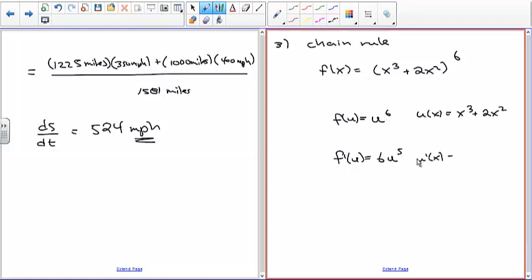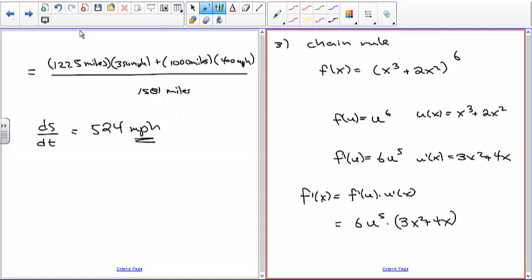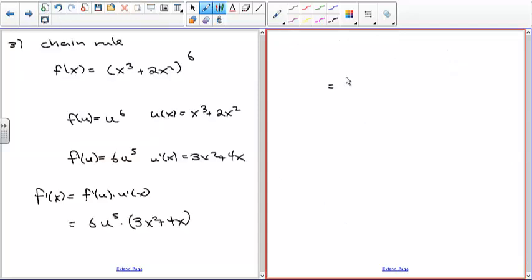The derivative here is 3x squared plus 4x. So the chain rule says that f prime of x equals f prime of u times u prime of x. So you get 6u to the 5th times 3x squared plus 4x. And then substitute in for u, so you get 6 times x cubed plus 2x squared, raised to the 5th power, times 3x squared plus 4x.